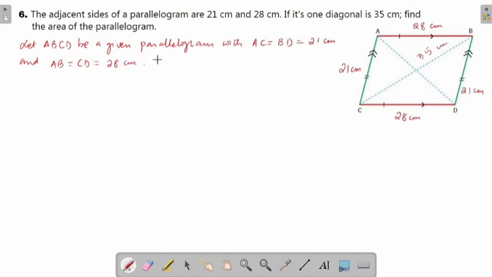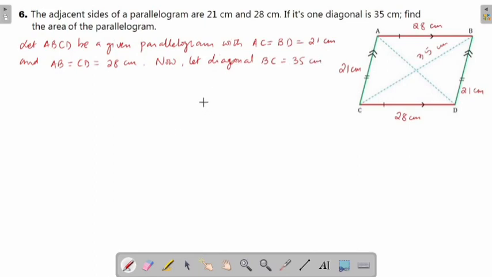Now let diagonal BC be equal to 35 centimeter.